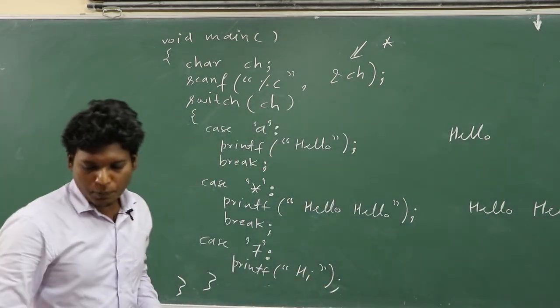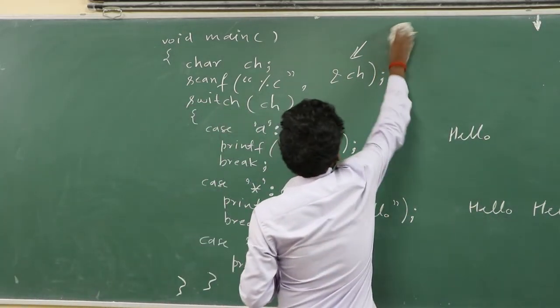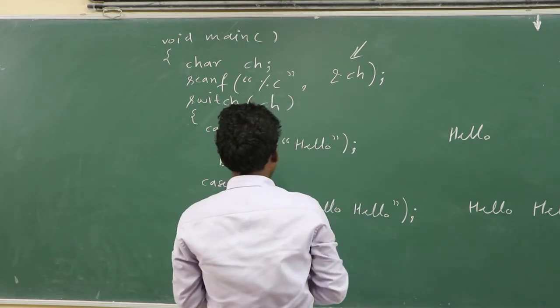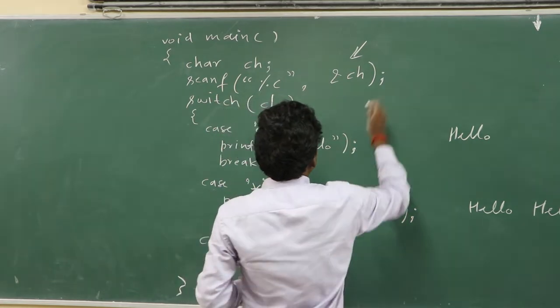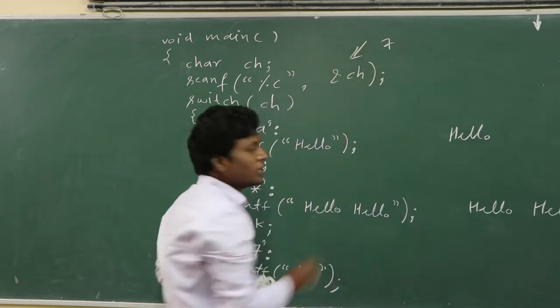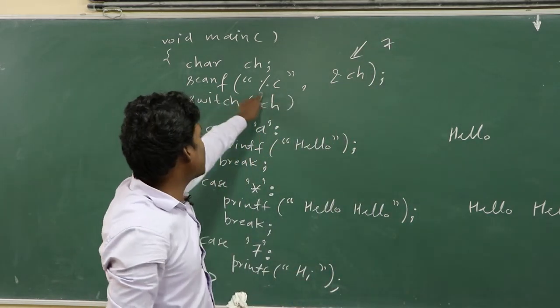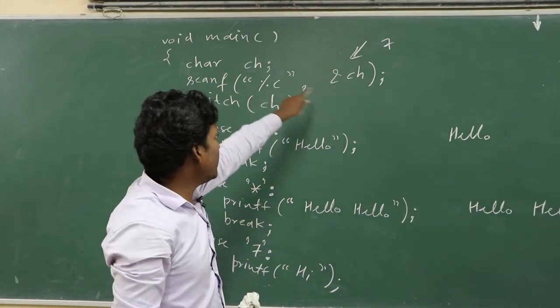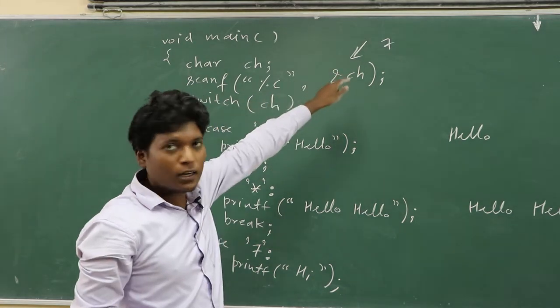Now suppose the user has input 7. This 7 is not an integer because here it is %c. So this 7 is input as a character constant.